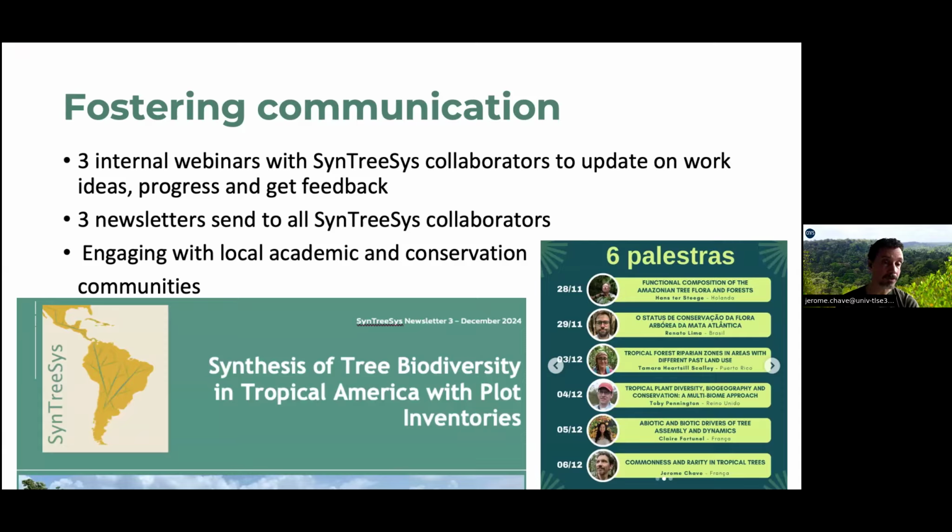And we also engaged with local academic and conservation communities. We did this especially effectively in Colombia with the Humboldt Institute, and hopefully collaboration with IPBS and other national hubs of these international initiatives will be very helpful into the future.